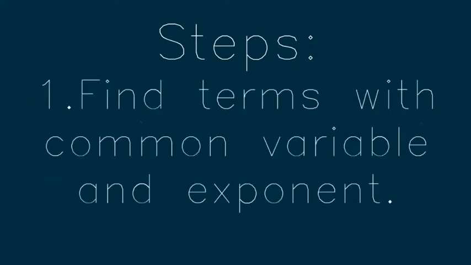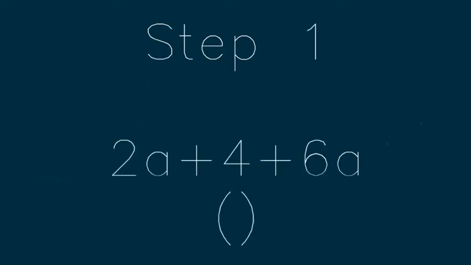Okay. So what are the steps involved? The first step is that you have to find the terms which have common variables and common exponents. Let's look at what I did over here.